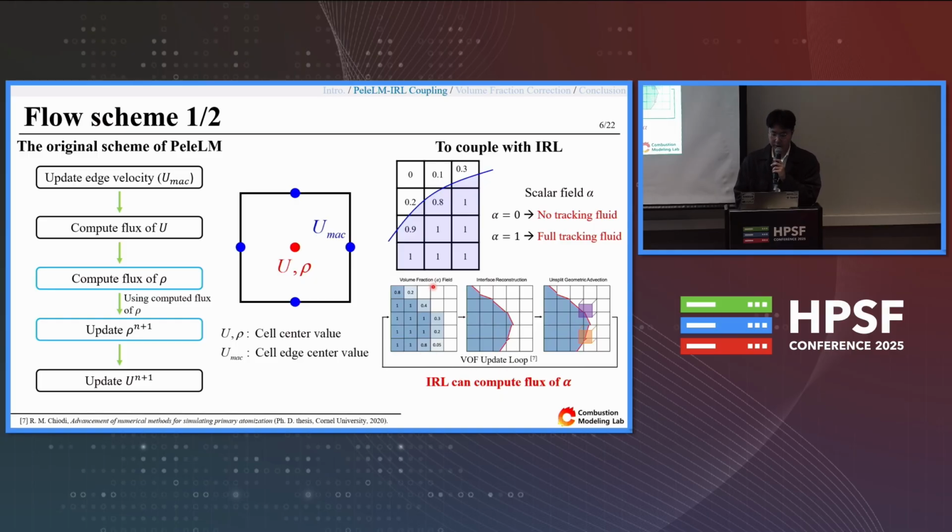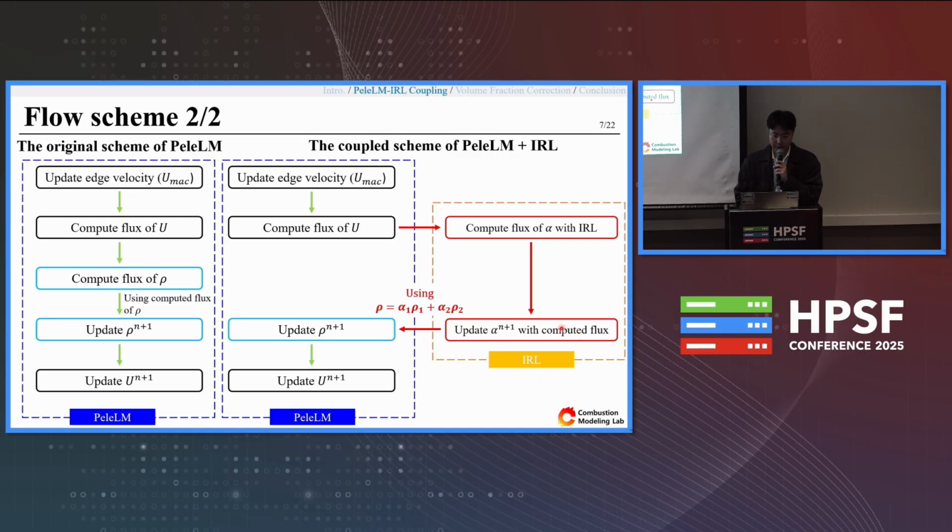If there is an alpha field like this, IRL reconstructs the interfaces and finally updates the flux of alpha. In the coupled scheme of PeleLM and IRL, instead of computing the flux of density, it computes the flux of alpha using IRL, then updates the next time step alpha, and using this equation, it updates the next time step density.